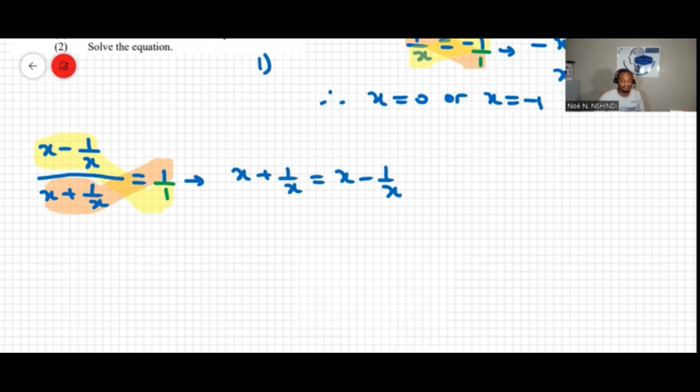Now, if I move the -1 over x over, before you can do that, you can see that this x and that x can be simplified because they are the same quantity on both sides of the equal sign. If I move that over, it will be 1 over x plus 1 over x equals 0, and that makes 2 over x equals 0.